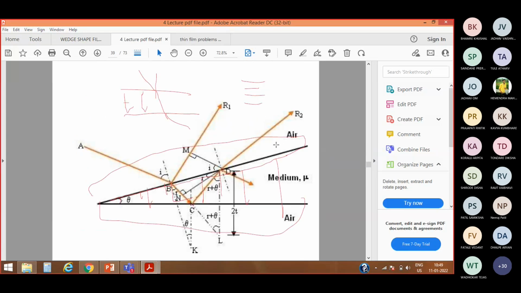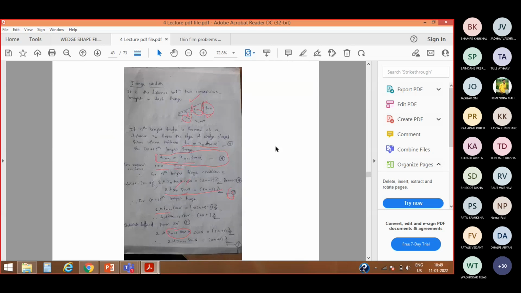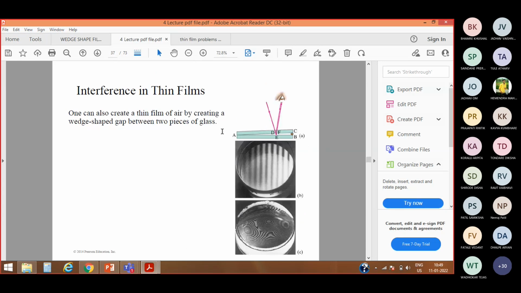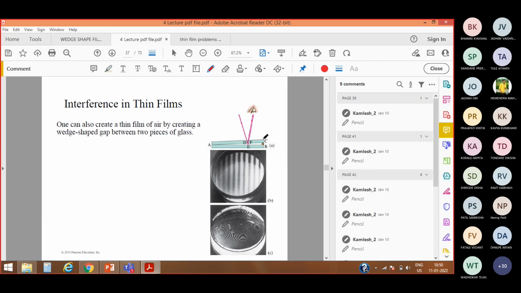Yesterday I had discussed this with all of you, but today we will take it again. So this is how the fringes that we are getting are shown here. So this is the wedge shape thin film.